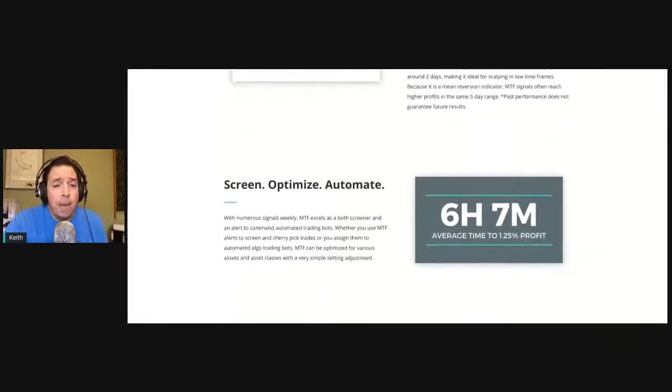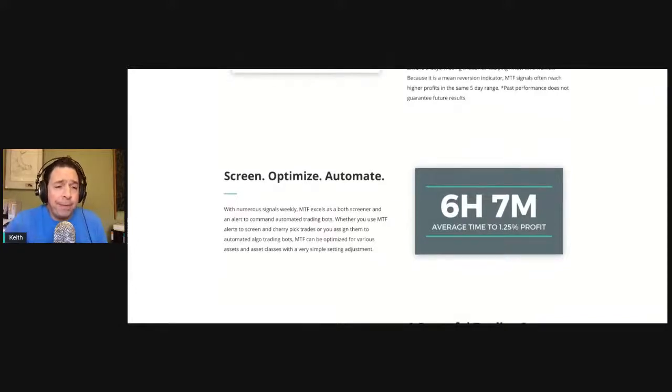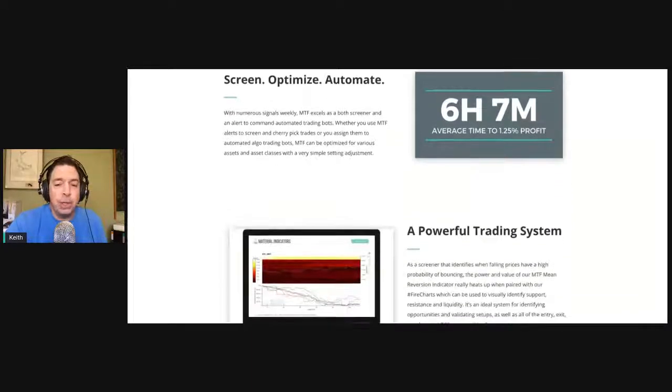You can use MTF as a screening tool to identify opportunities and dive into them a little bit deeper on your own before you commit to making a trade or opening a position. But you can also use it to automate trading bots and just flip the switch and let it make you money while you sleep or go on vacation.